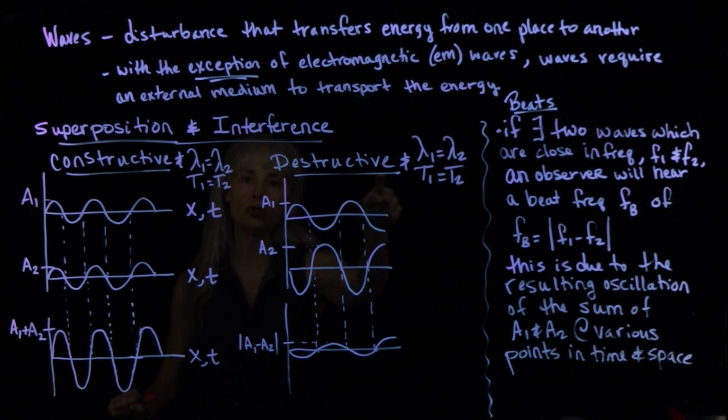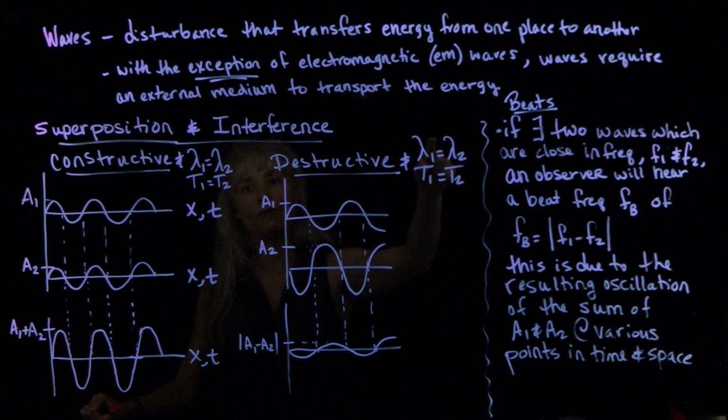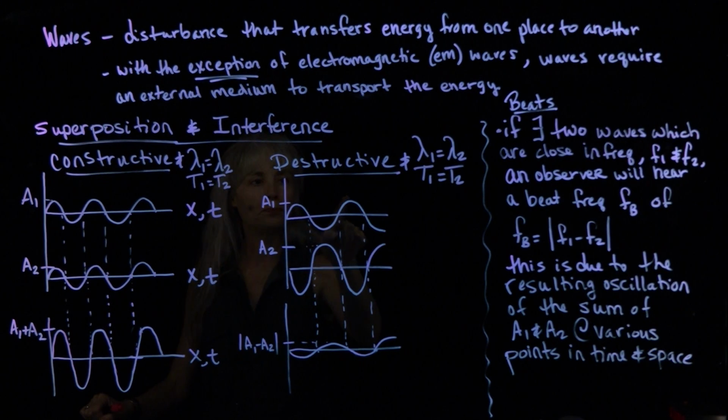Juxtapose that with destructive interference. Destructive interference, we're still saying that the wavelengths are the same for wave 1 and wave 2, and the periods are the same for wave 1 and wave 2. So here I've drawn A1. You can see that A1 has a crest initially. It's cycling up from the vertical.